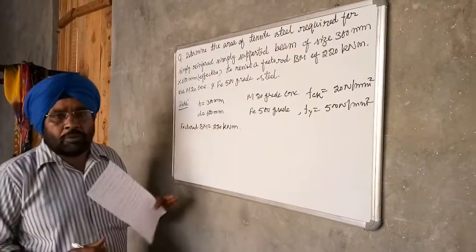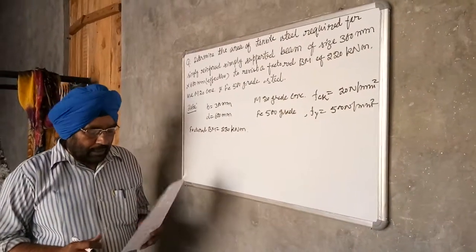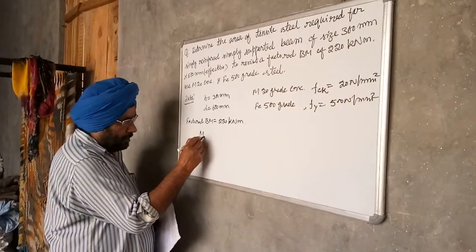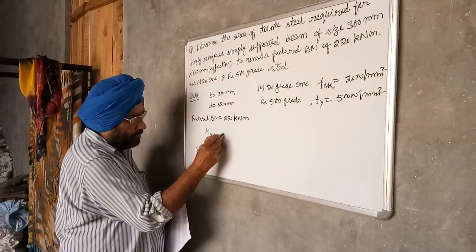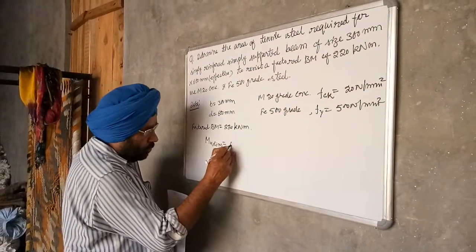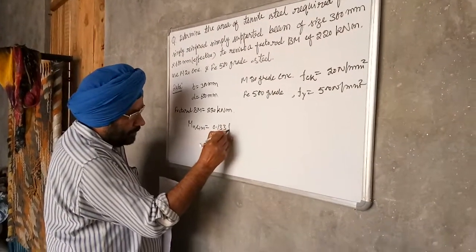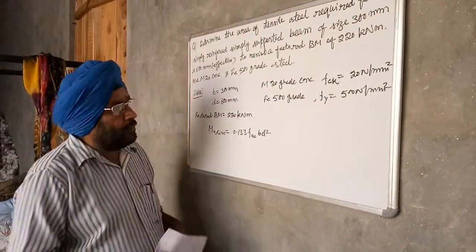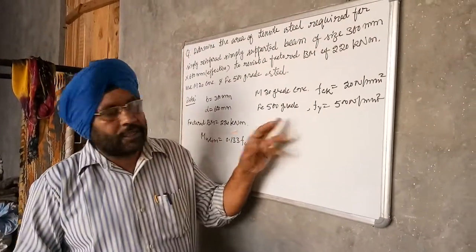Then first of all, we will determine the limiting moment of resistance of the beam section, that is Mu limiting. The limiting moment of resistance of the beam section is 0.133 FCK BD square for Fe 500 grade steel.